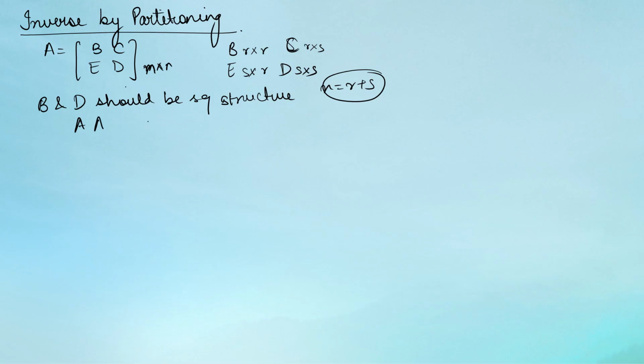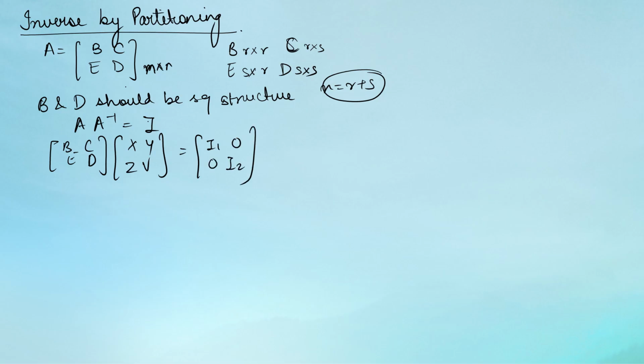Now, if I say A into inverse is equal to identity, we can say B, C, E, D, and let's say A inverse X, Y, Z, V is equal to I1, 0, 0, I2. So when you solve them, you'll get Bx plus Cz, Ex plus Dz, By plus Cv, Ey plus Dv is equal to I1, 0, 0, I2.